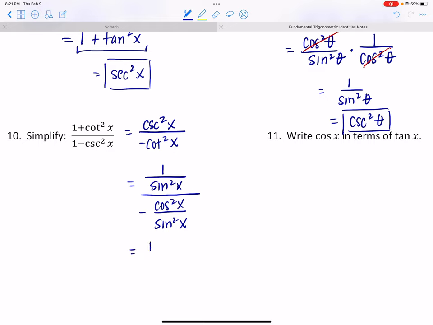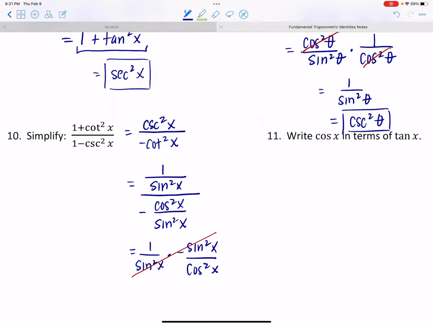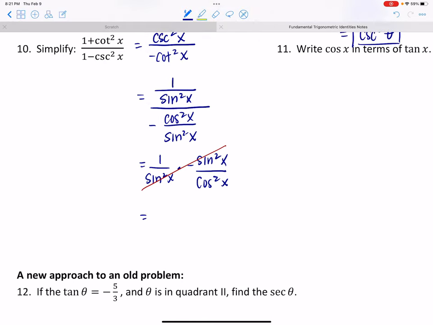So if I have 1 over sine squared x, and I multiply by the reciprocal of that denominator, which is a negative sine squared x over cosine squared x, again, those common denominators, which become common factors, end up reducing out. And so then we have a negative, let's not lose that, 1 over the cosine squared x.